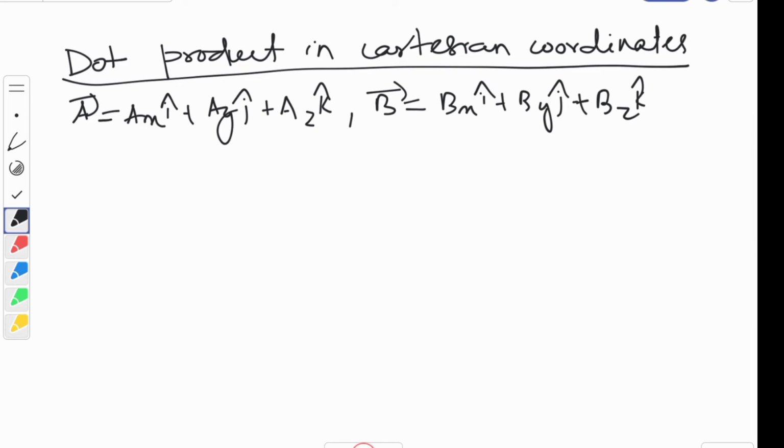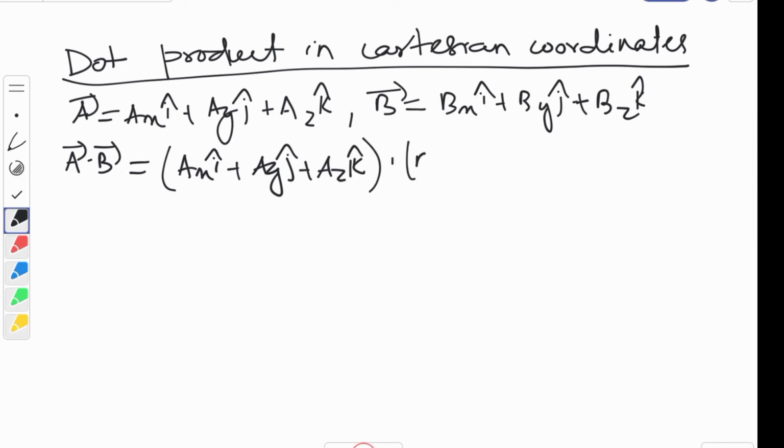This thing you know. Now we want to find out A dot B. That means what we will write? AX I cap plus AY j cap plus AZ k cap, dot BX I cap plus BY j cap plus BZ k cap. Okay, now what we'll do? We'll take one term with the entire vector. Just open the bracket. How will I do the multiplication?